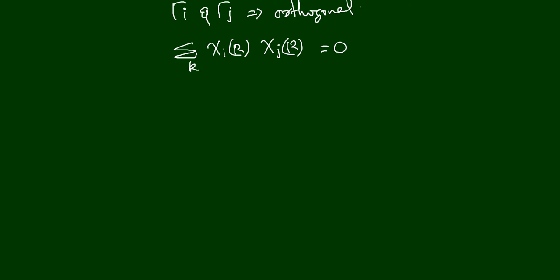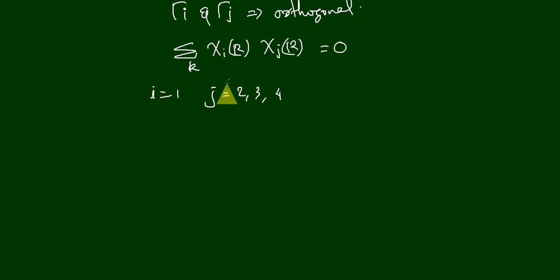So let us call i as 1 in this equation. i equal to 1 means we are taking the first irreducible representation here, and j is equal to 2, 3, 4. We have only 4 irreducible representations.